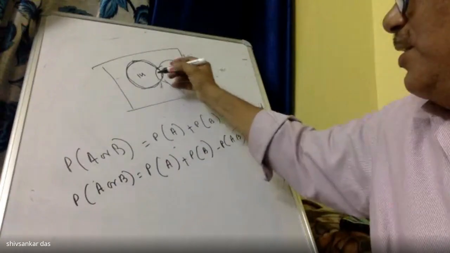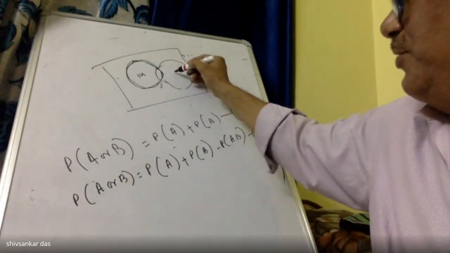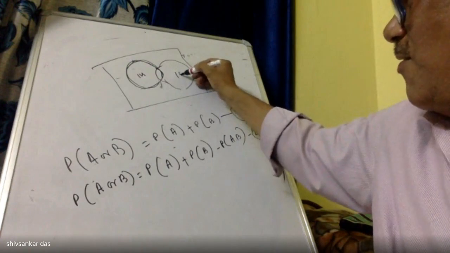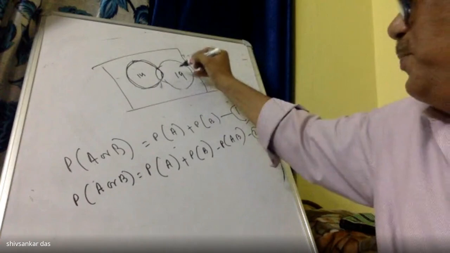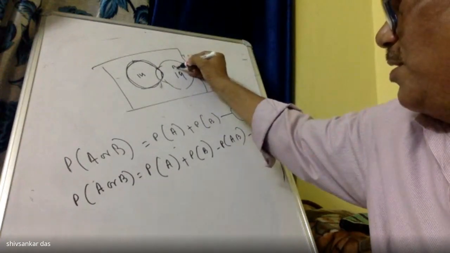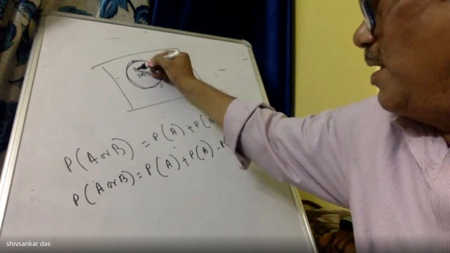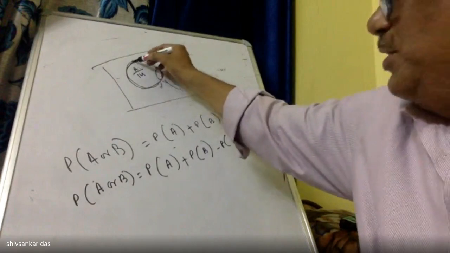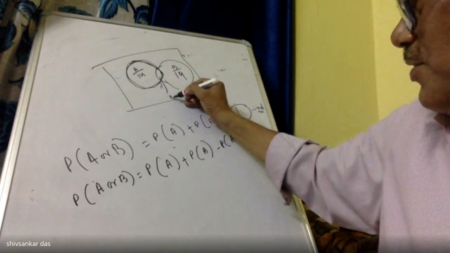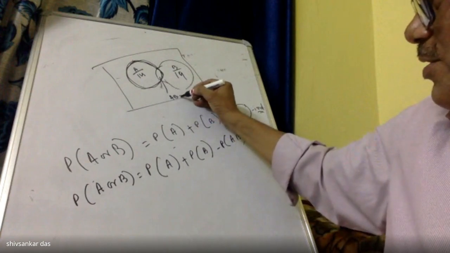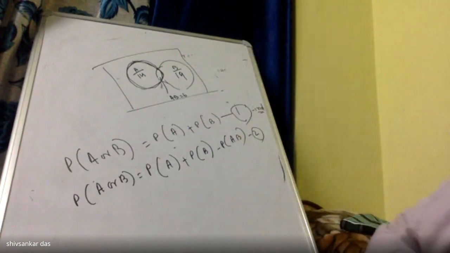Sir, can you please put the camera a little up? Sorry. This is 14, and let us say this is 19. This is event B, this is event A. A is 14, and AB is 6.